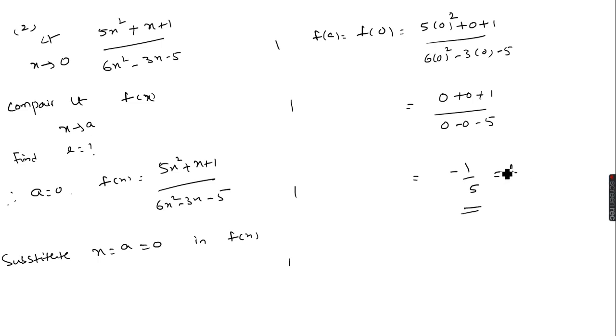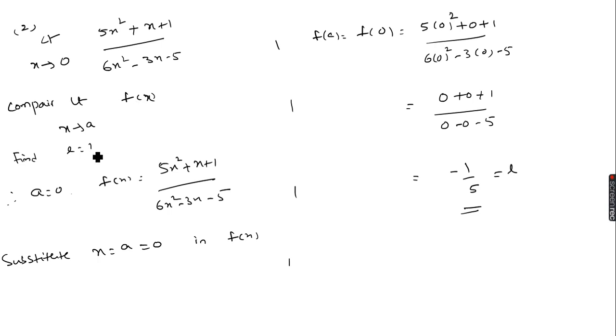That is the limit. So how do we find that? The limit as x tends to 0 of 5x square plus x plus 1 by 6x square minus 3x minus 5. We compare with the limit as x tends to a of f of x.